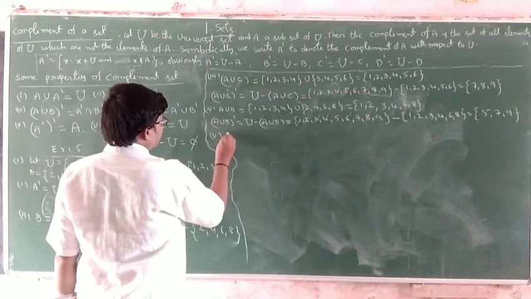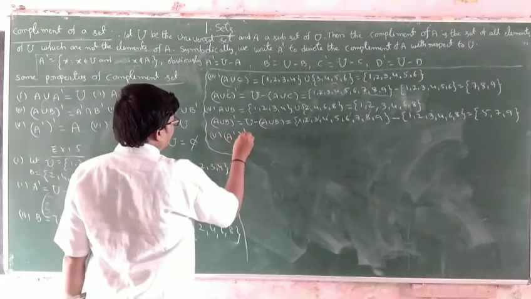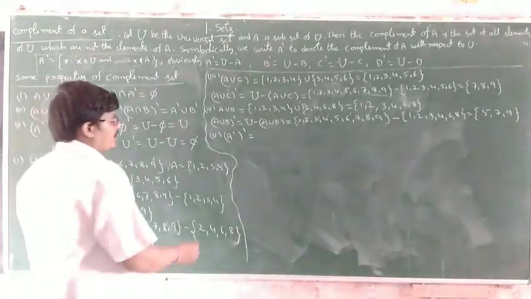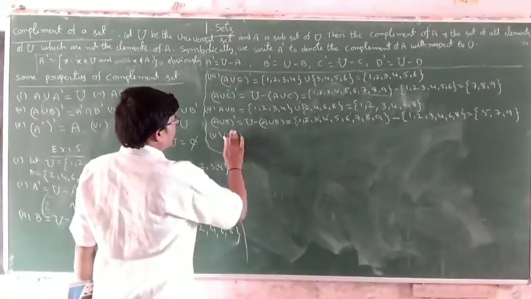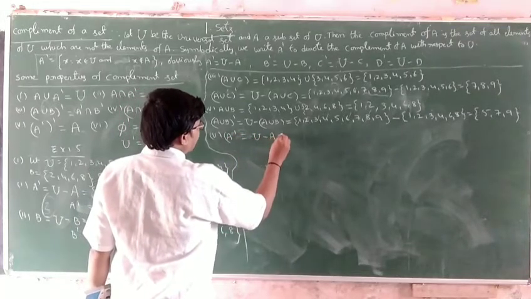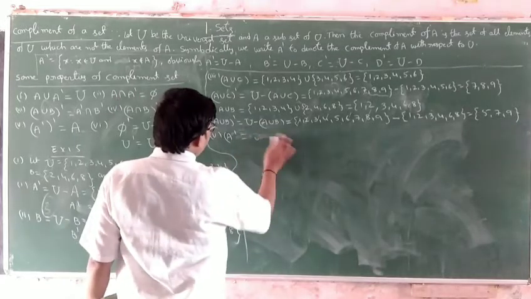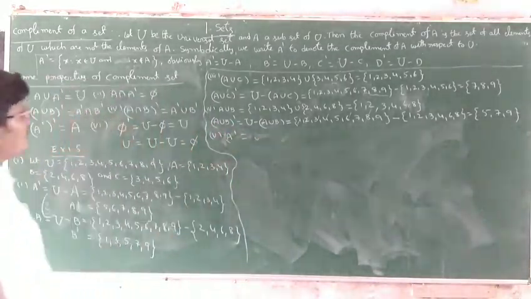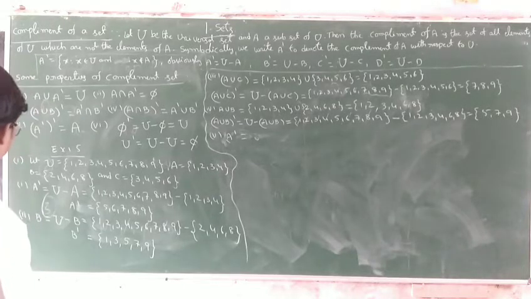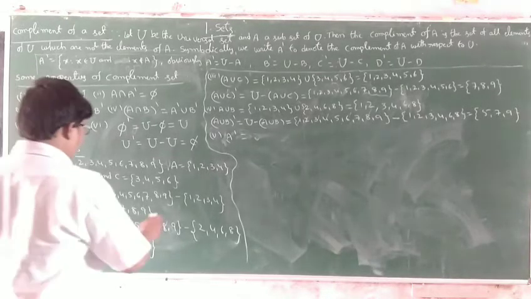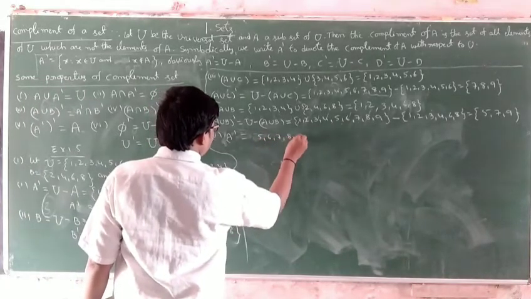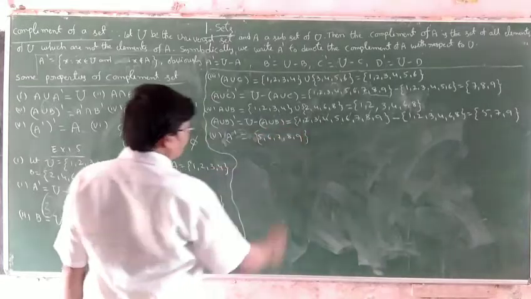So the fifth one is (A complement) whole complement. First of all, A complement, which is universal minus A. We have already found A complement: it is {5, 6, 7, 8, 9}.